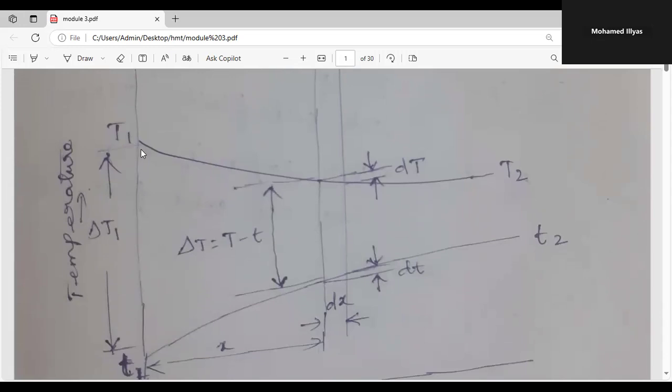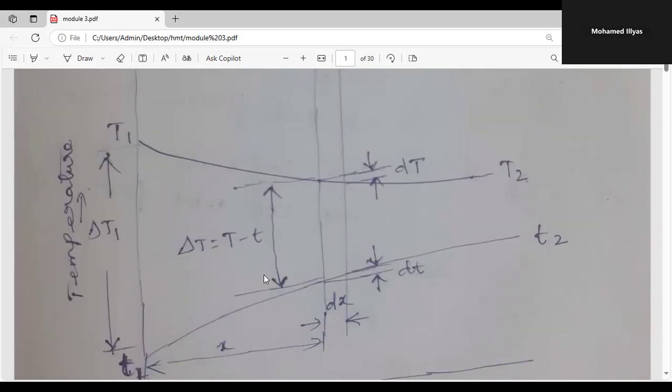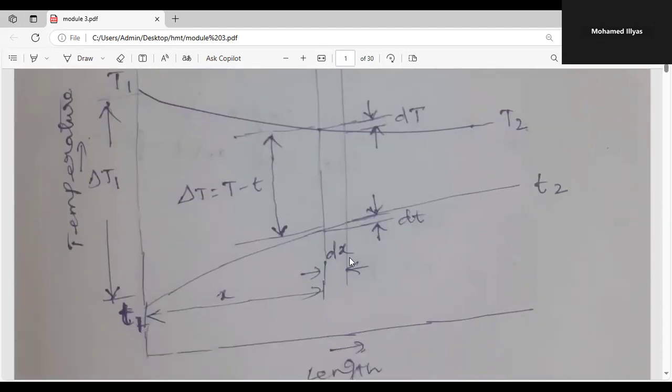This graph shows the hot fluid temperature keeps decreasing from inlet to outlet, and the cold fluid temperature increases from inlet to outlet, small t1 to small t2. We consider a small elemental area of the heat exchanger, with length dx. The change in temperature for the hot fluid over this elemental area is dT, capital T, and for the cold fluid it is dt, small t.